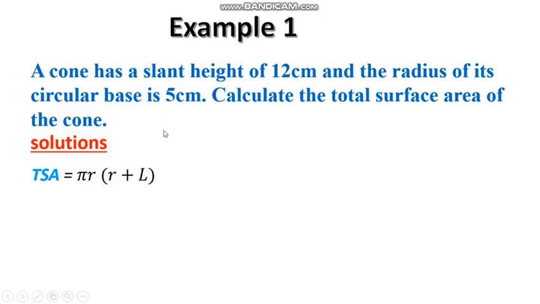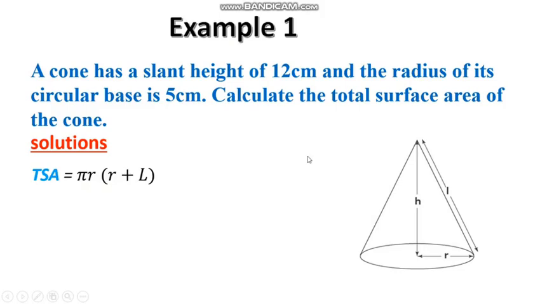So here, as you can see, take a look at this cone. They have given us that the radius is 5 and the height is 12 centimeters. So we need first to find the slant height. On the slant height there we have a question mark. We don't know the value of the slant height.